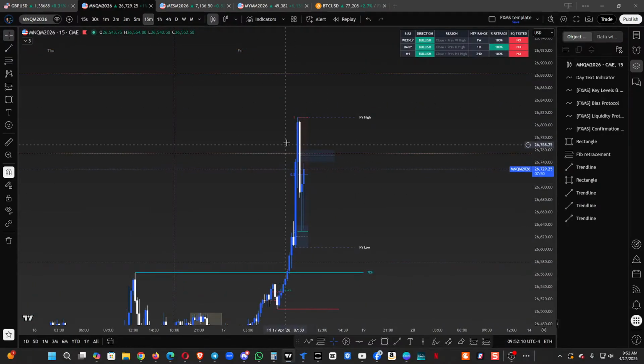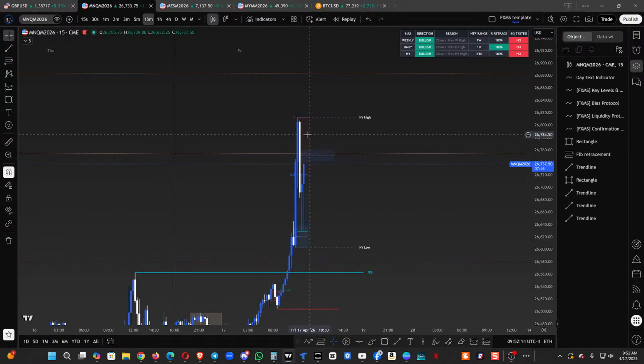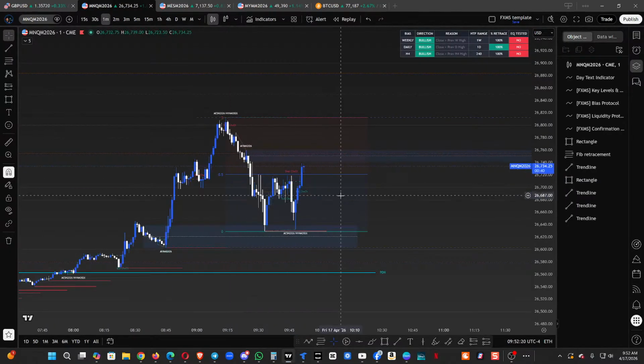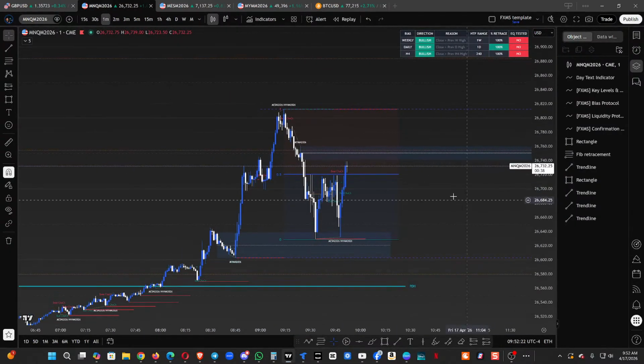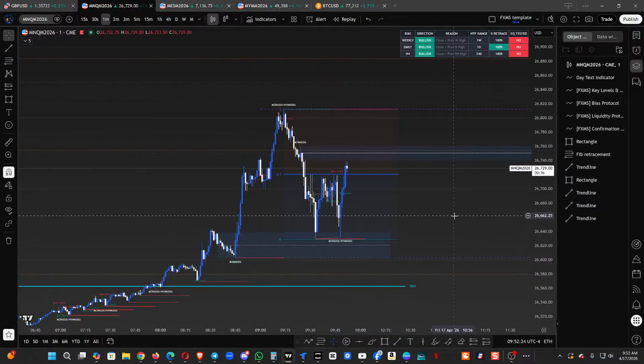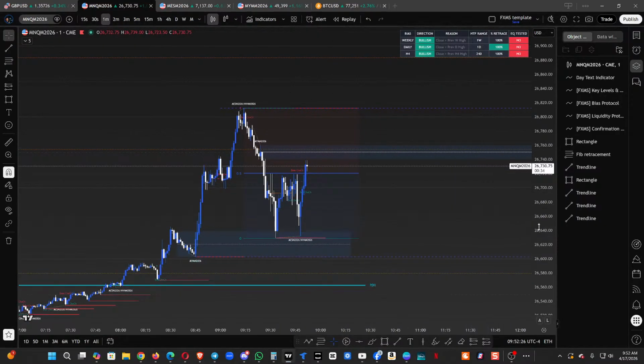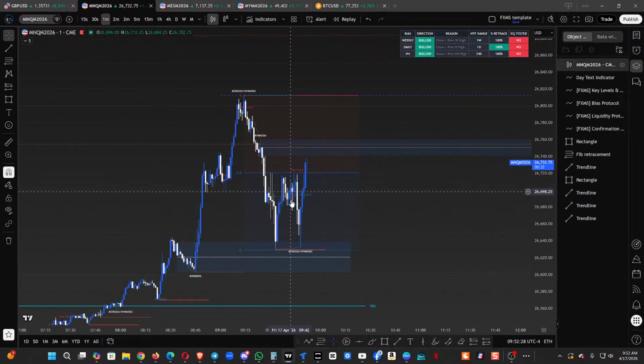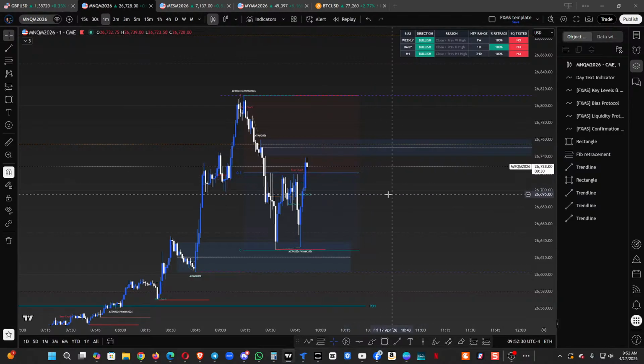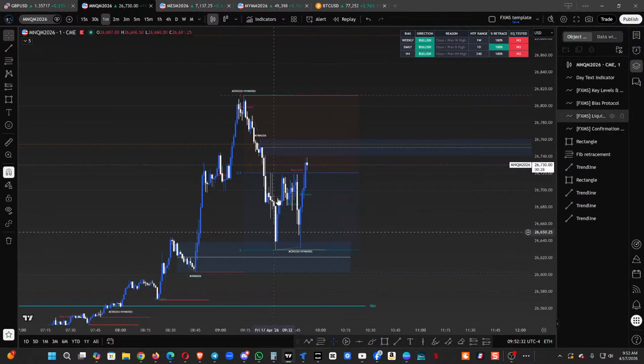Because we didn't get that bearish change of character, this is more so confirming bullish for us. So if we do take a short, it's going to be a quick one, and I wouldn't want to trade too far against this trend here. But we are still inside the range.